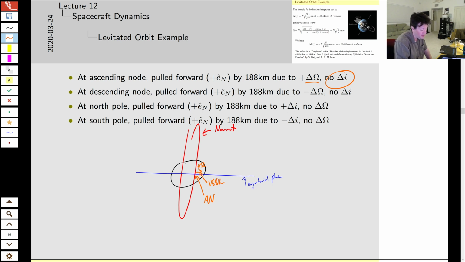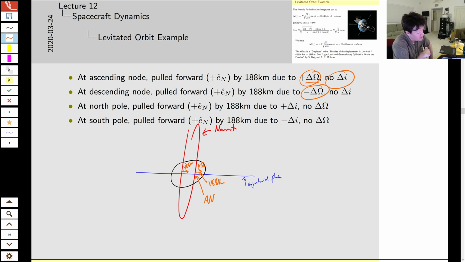It pushes the ascending node back because the right ascension of the ascending node is increased. At the descending node, at the other side of the orbit, the right ascension is pulled back, but pulling back at that point of the orbit actually pushes in the same direction as pushing forward on the other side of the orbit. So that's also 188 kilometers.